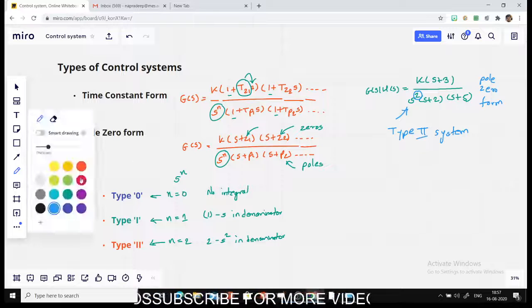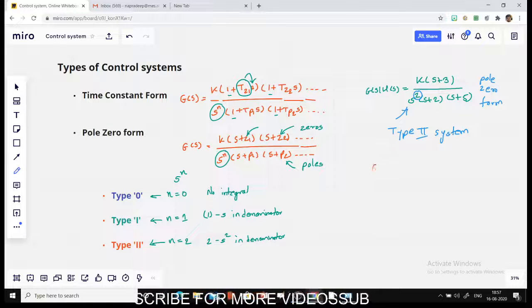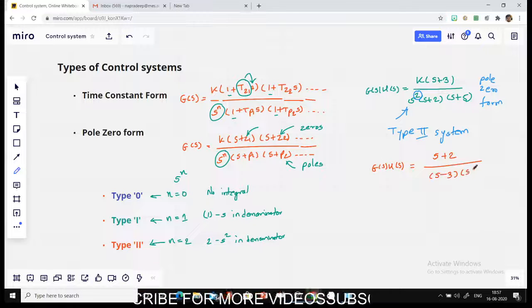Okay, so let us take one more example. G of s H of s is equal to (s plus 2) upon (s minus 3)(s plus 3). This is again a pole zero form.